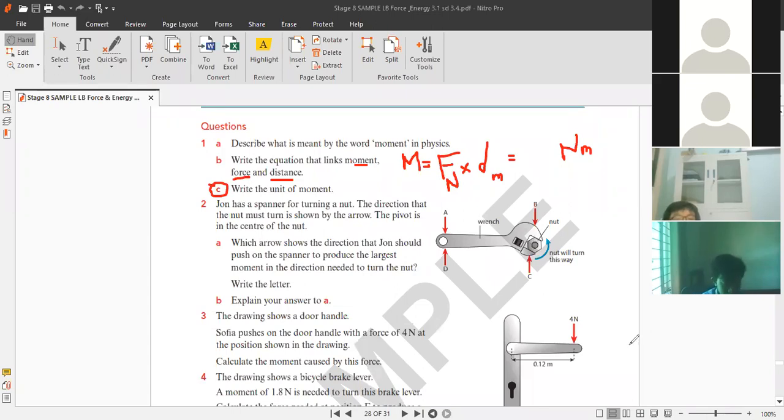Okay. Now number 2.A, which arrow shows the direction that John should push on the spanner to produce the largest moment in the direction needed to turn the nut? Okay, what is the answer, Mas Raka?